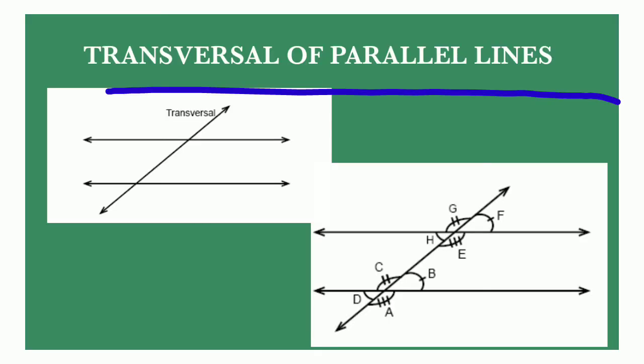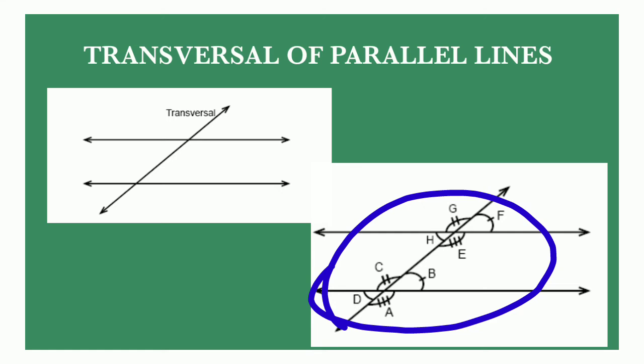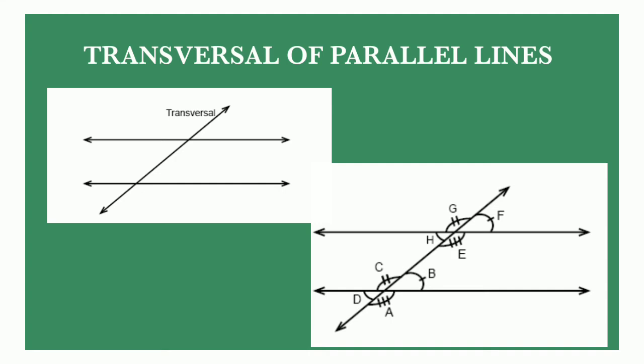Okay. The next one, transversal of parallel lines. In the case of parallel lines cut by a transversal, we get the same 8 angles. Okay. Here A, B, C, D, E, F, G, H are the 8 angles.